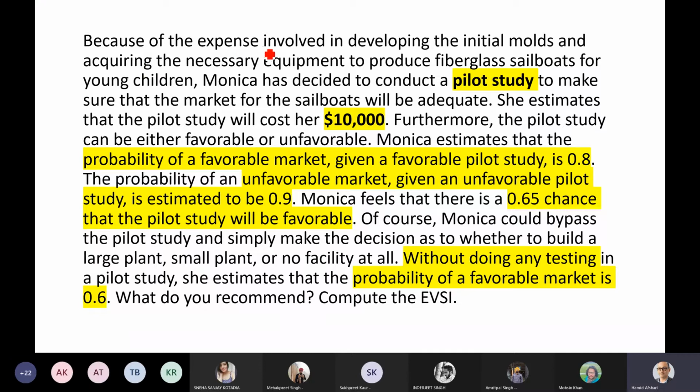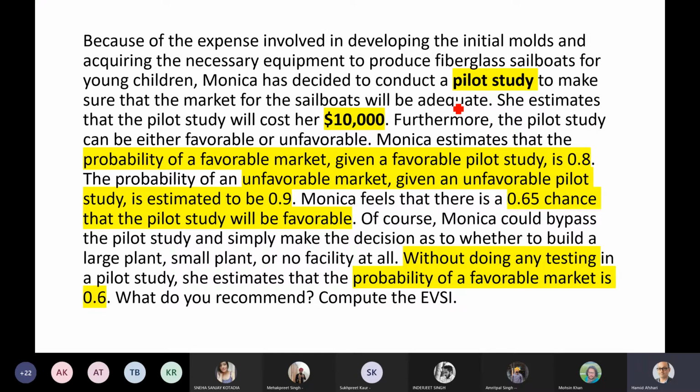Because of the expense involved in developing the initial molds and acquiring the necessary equipment to produce fiberglass sailboats for young children, Monica has decided to conduct a pilot study to make sure that the market for that sailboat will be adequate. So it looks like if you make a decision, you have no option to go back, and because this is a very important strategic decision, she has decided to perform a pilot study.